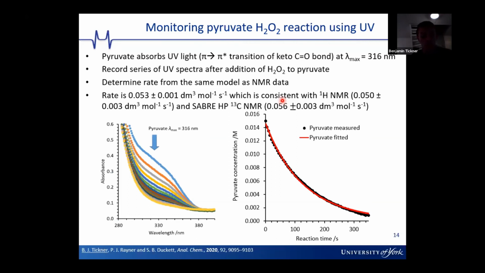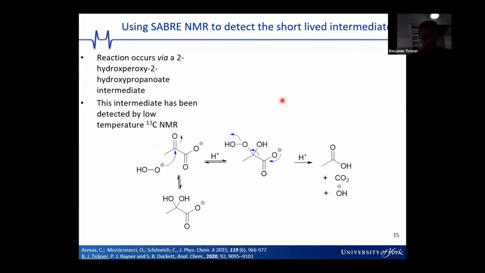We chose deliberately to monitor a reaction that was slow enough that you could follow it using alternative spectroscopic techniques. In the future, we hope to apply it to reactions that are too fast to monitor using some of these other techniques. But I think I can demonstrate the real power of SABRE in this slide: the signal gains that SABRE provides are sufficient to allow us to detect this short-lived reaction intermediate in just a single scan.